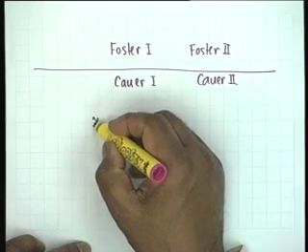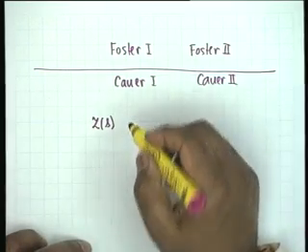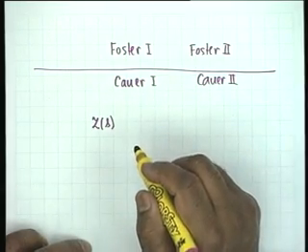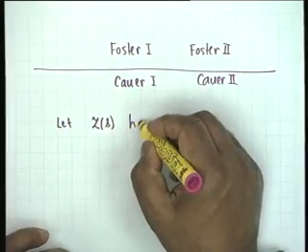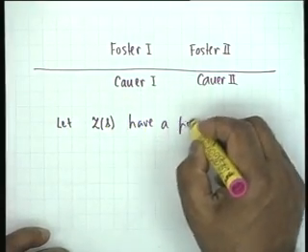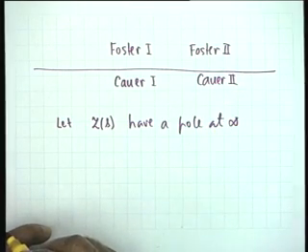You see, if Z of S is LC, then you know that it must have a pole or 0 at infinity. Let Z of S have a pole at infinity.